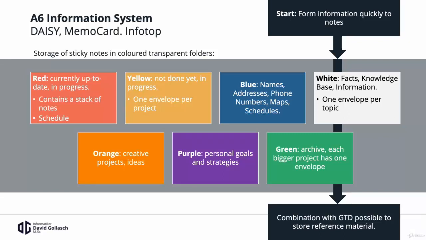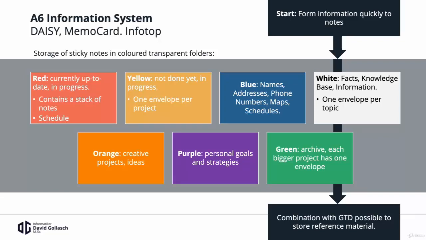Now it comes to rather new tasks or ideas here. Not real to-dos, not real tasks, and not only for reference purposes, but if you have a new idea in mind, where you decided I don't want to care about this at the moment directly, then you put this into the orange folder.